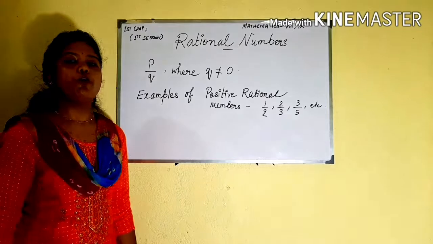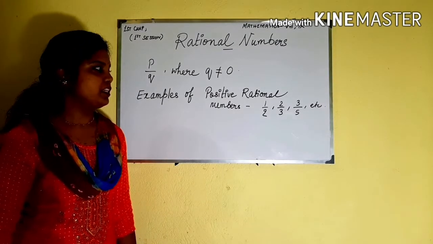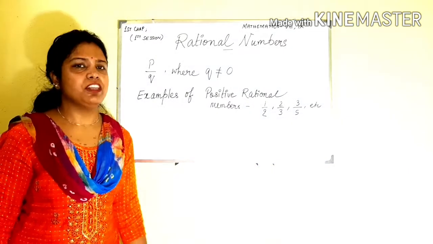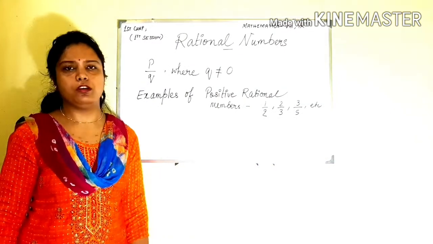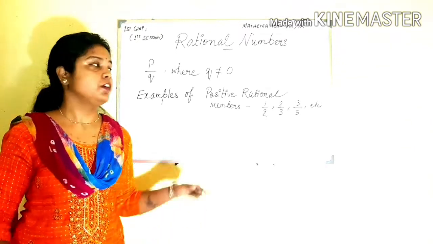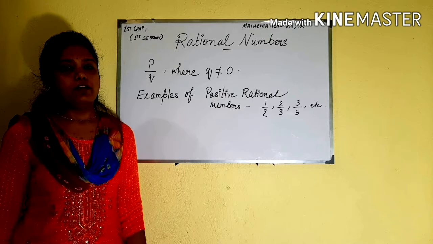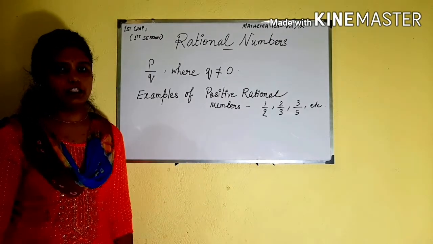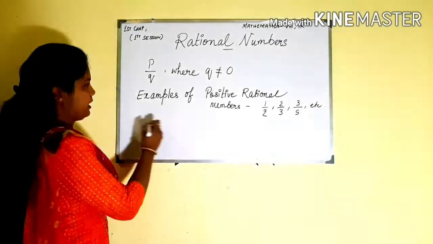These are the positive rational numbers: 1 by 2, 2 by 3, 3 by 5, etc. It can be 73 by 105 and so on. Whenever the numerator and the denominator are both positive, those forms are known as positive rational numbers. Okay? Next.